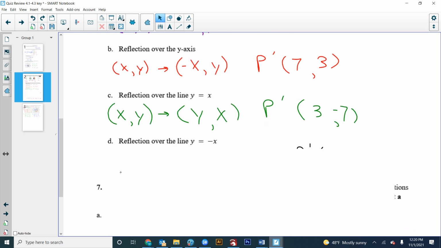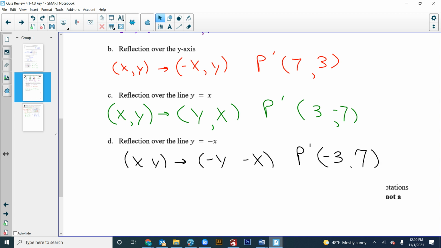D. Y equals negative x reflection. Peyton, what's the rule? Say it again. x, y changes to negative y, negative x. I agree. So that when you think negative y, negative x, it was x, y.